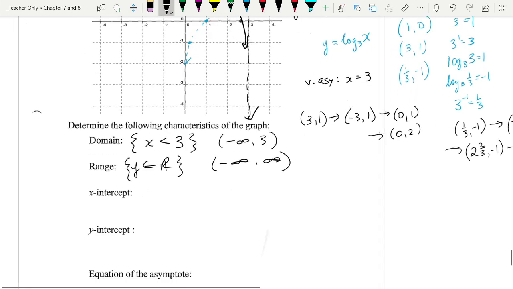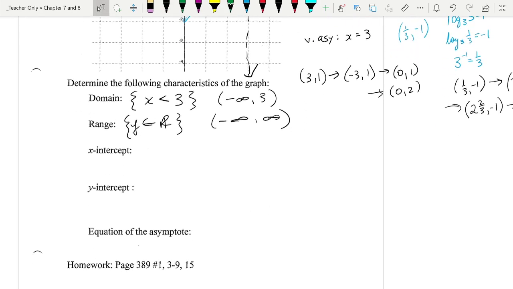What are my intercepts? All right, let's do some algebra on this. My x-intercept happens when y is 0. So 0 equals log to the base 3 of 3 minus x, plus 1. Let's see. I'm going to move the 1 to the other side. It's now negative 1. Now I'm going to switch to exponential form.